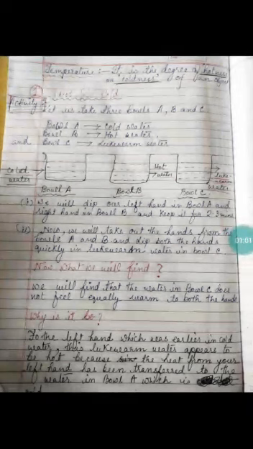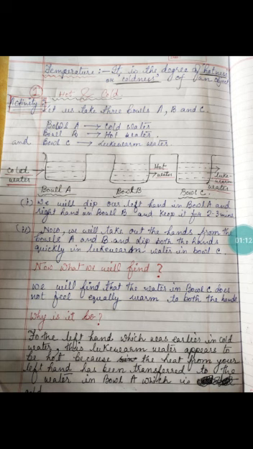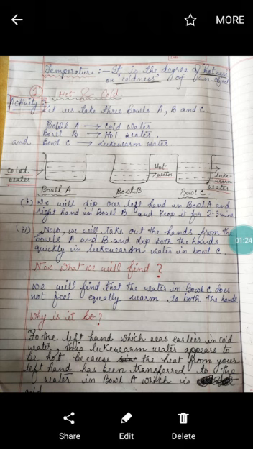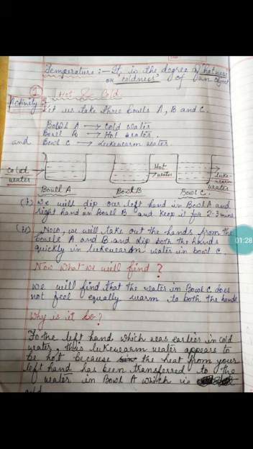From hotness and coldness, we will understand what it means to be hot and cold elaborately with an activity. Let us take 3 bowls, bowl A, B and C respectively. Suppose bowl A is containing cold water, bowl B is containing hot water and bowl C is containing lukewarm water.